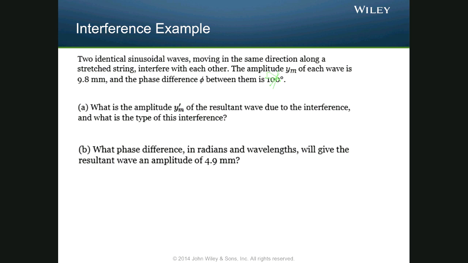You're searching for phi, and now you have Y prime. So y prime is the amplitude on that question. So 4.9 in part B is this Y prime. Okay? All right. Thank you. Got it?